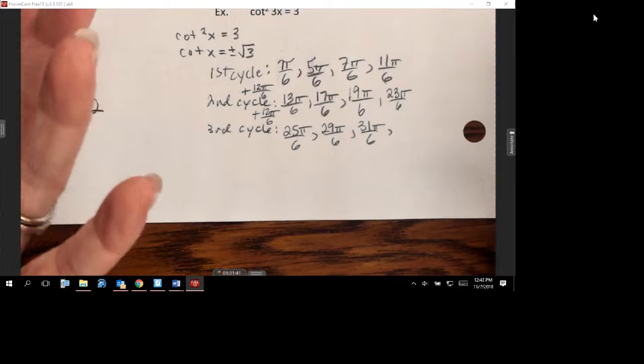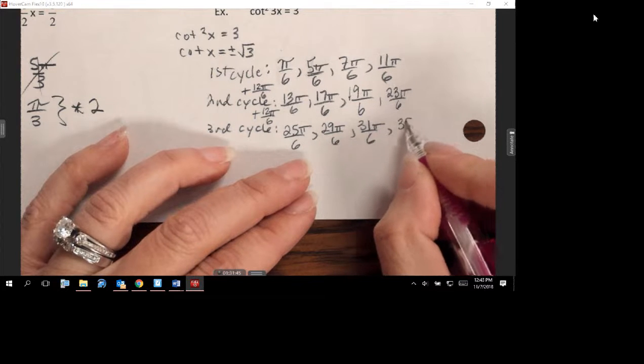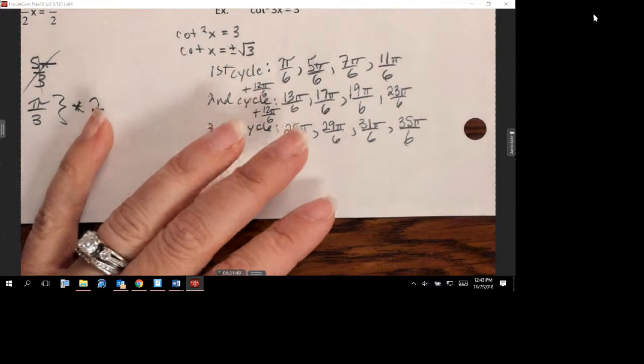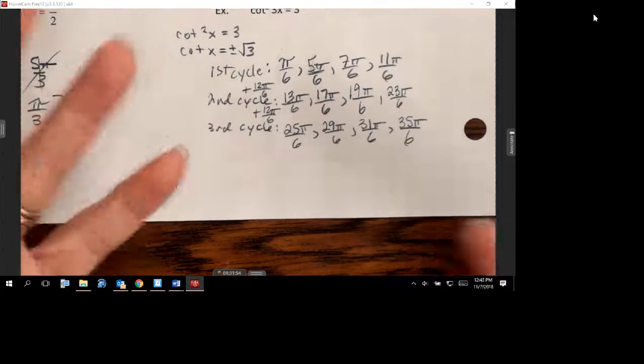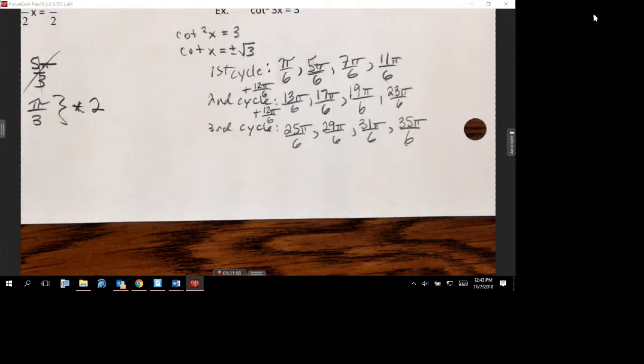Guys, not all of them are going to have this many answers, I promise. It's a total of 10 questions, between both different things that we did today, quadratic formula and this. Total of 10.